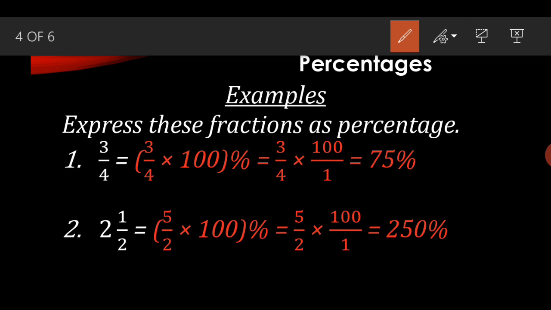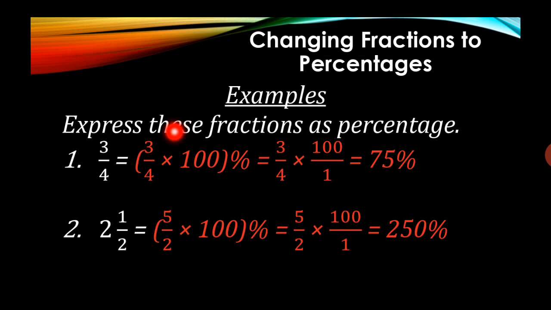Let's quickly go for the second one. The second one says 2 1/2, which is a mixed number. We are seeing how we want to express this as a percentage. That means multiply by 100. Now convert 2 1/2 to an improper fraction. That means 2 times 2 plus 1, that's 5. 5 over 2 times 100 over 1.